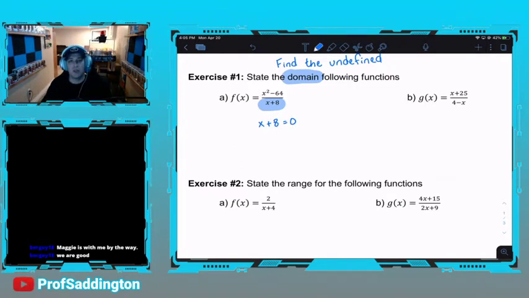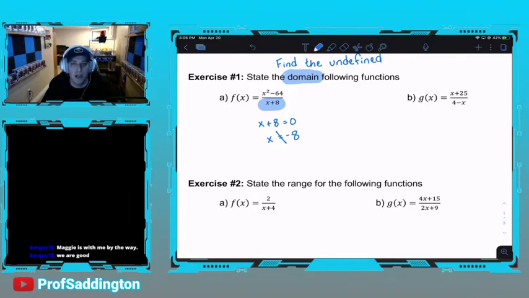And once you set it equal to 0, you can subtract 8 from both sides, and you should see that x is equal to -8, which is not allowed to happen, so I put a little line through there. Because if you plug that in, -8 plus 8 is 0, and we're not allowed to divide by 0.